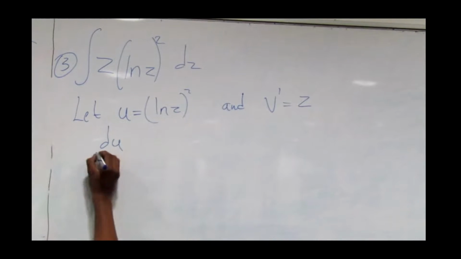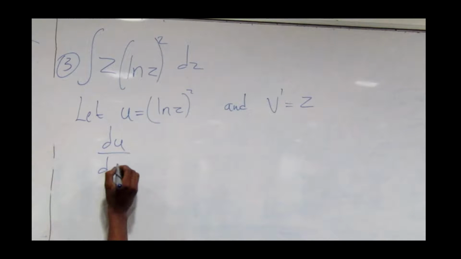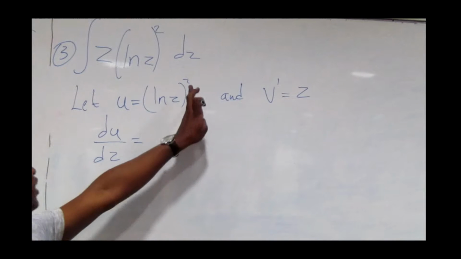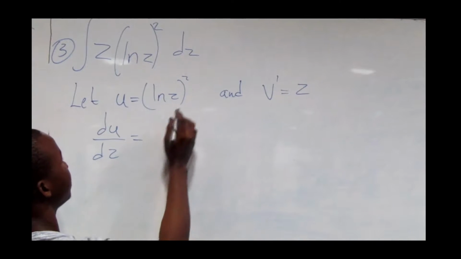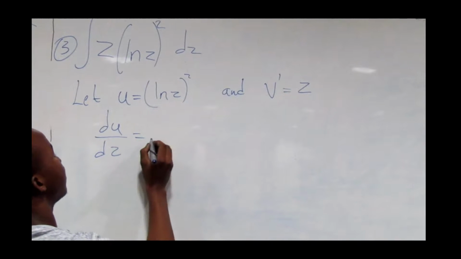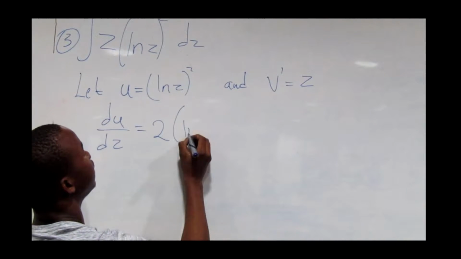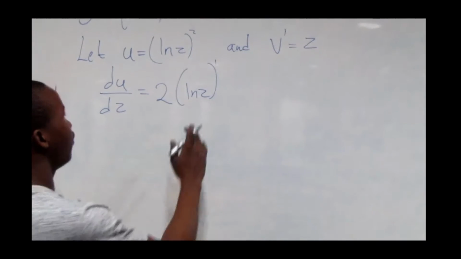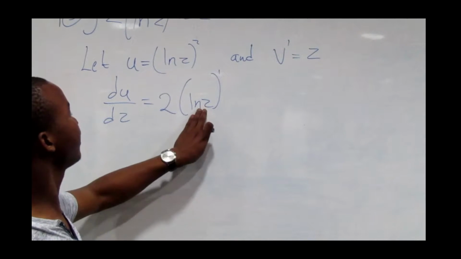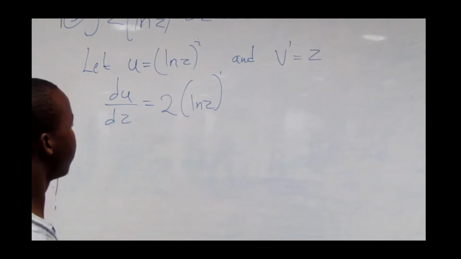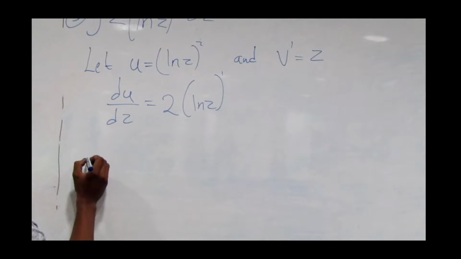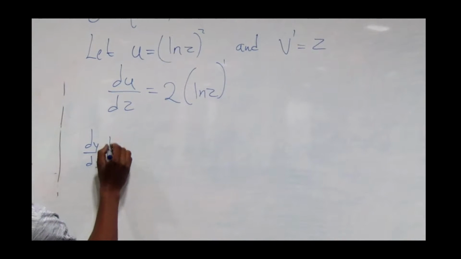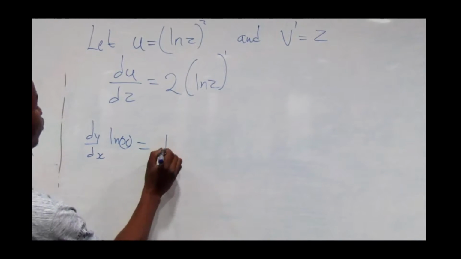How do we differentiate? When we are differentiating ln z squared, we take this exponent, put it here, multiplied by the base, which is going to be 2 times ln z, since 2 minus 1 is 1. Remember, the derivative of ln x is equal to 1 over x.